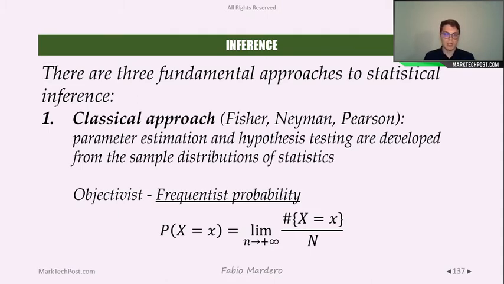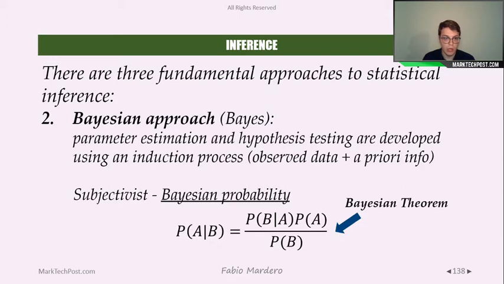So, in the classical approach, we start from this sample distribution of statistics, and we will look only at the classical approach in this course, an approach that will refer a lot to what we studied in the previous section about probability and distributions. But there is also another approach, the Bayesian approach.